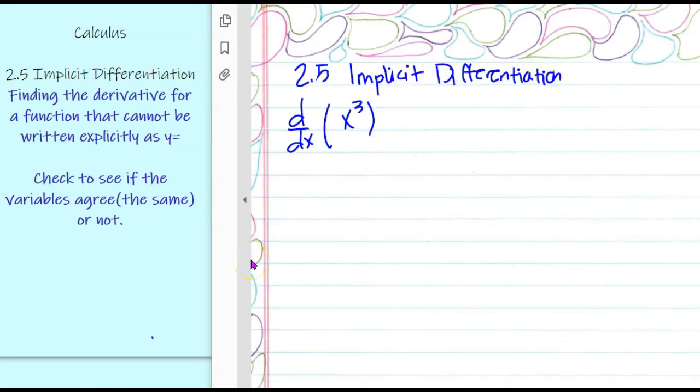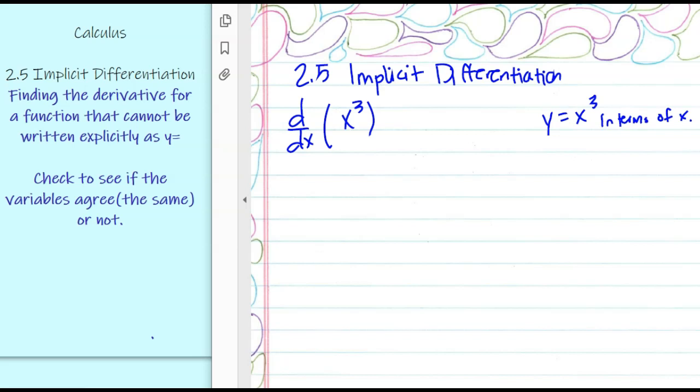In my first example, this says, in notation, we've already learned d dx means, hey, take a derivative of x cubed. It's the same way if we said y equals x cubed. And this is an explicit equation. It's y equals, so everything over here is in terms of x.